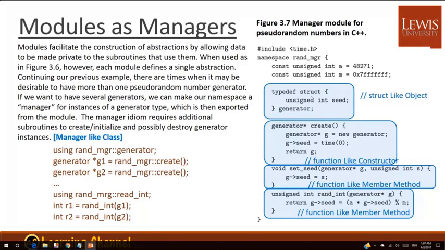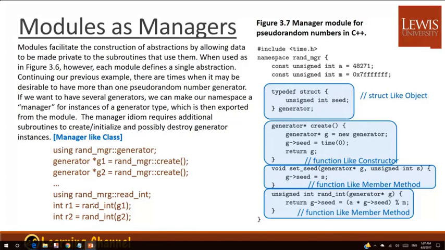So we have two pointers pointing to the generator structure. And then we have the set seed function and the random integer function. Both of them are just like methods in our classes.